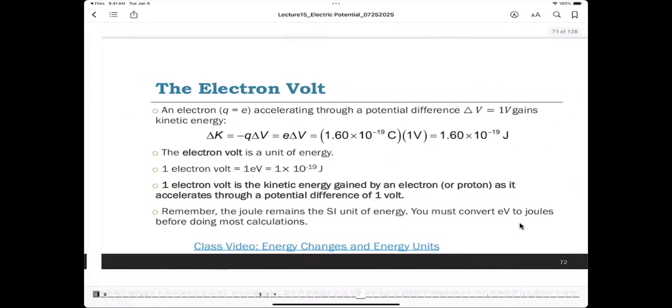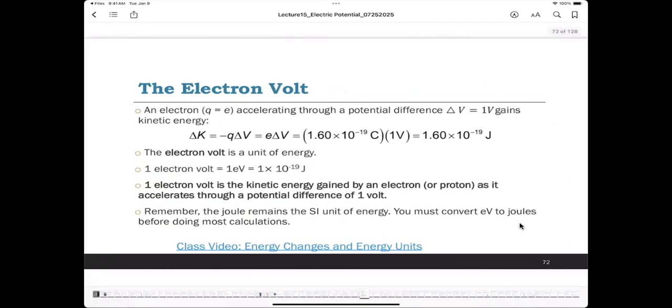Okay, let's check the other things like the electron volt. An electron, like q equal e. Actually, I think it is negative e, because the electron is negative, accelerating through a potential difference delta V equal to 1 volt gains kinetic energy. This is the kinetic energy the electron can gain.